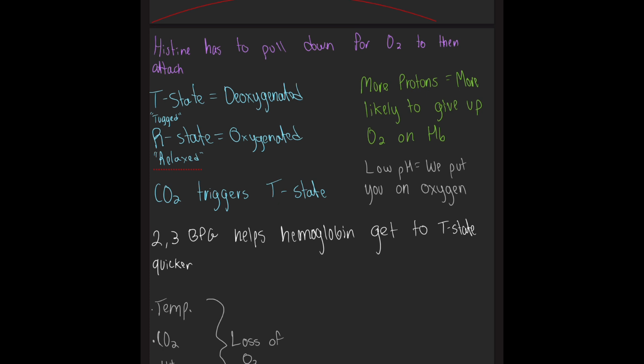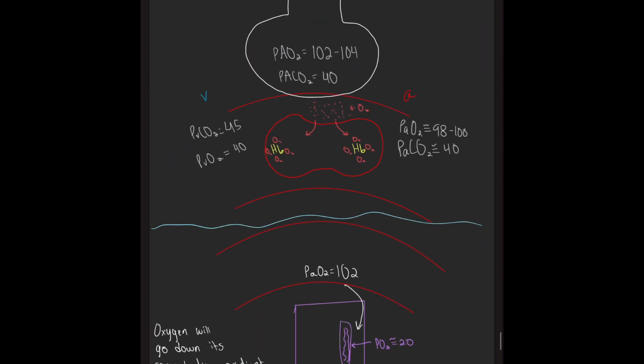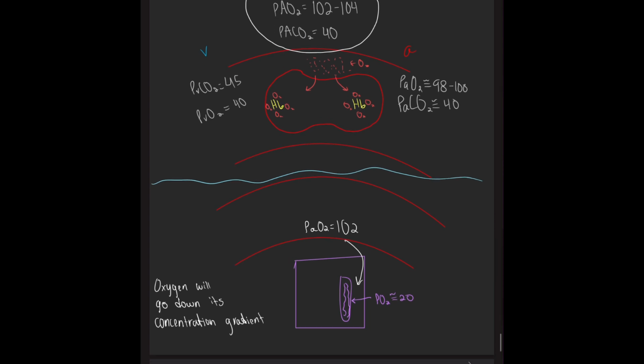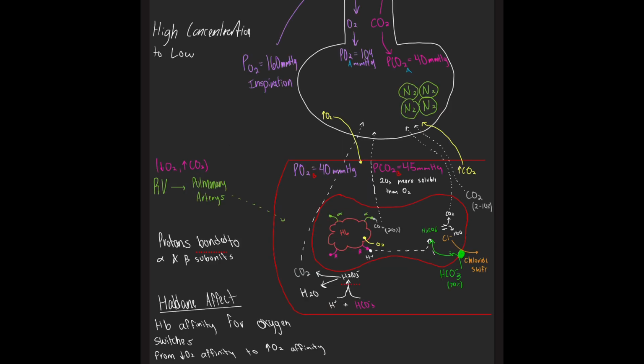So CO2 will trigger the T state to form. Okay. So we have our 2,3-BPG, which helps hemoglobin get to the T state as well. Okay. Wonderful. So oxygen will attach to our hemoglobin, and we'll see shifts happen when that occurs.